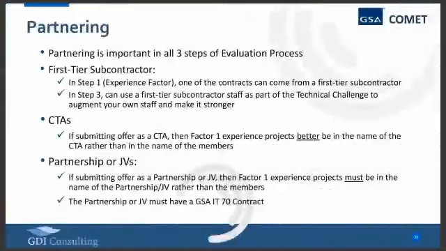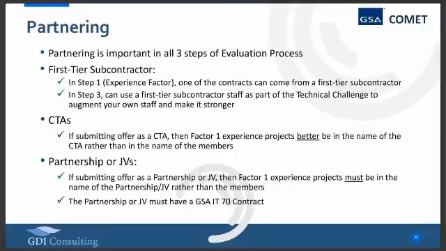Now let's talk about partnering. Partnering is very important in almost all stages. Let's go through why we're saying that. First of all, if you're using first-tier subcontractors, as we discussed, in step 1, the experience factor, you can use one contract from your first-tier subcontractors to fill the holes in those 11 scenarios.